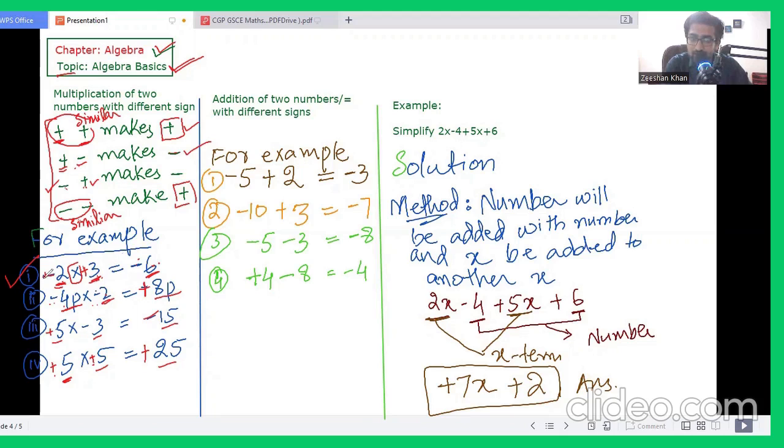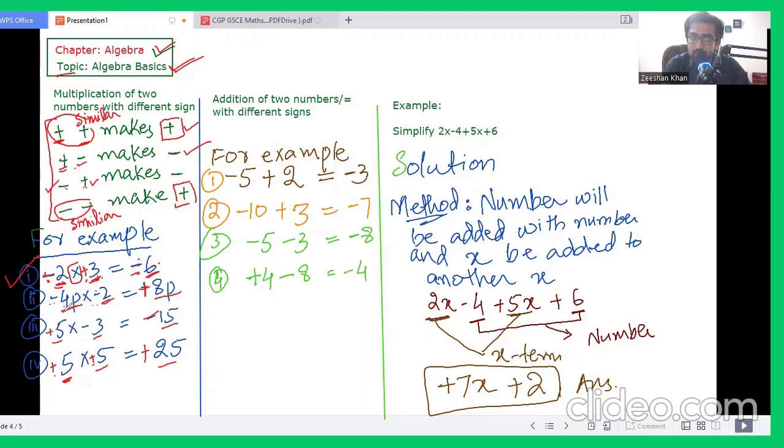You can see this is negative and this is plus. Negative is with the first number, plus is with the second. I told you before that when the signs are different, one negative and one positive, you will get a negative answer. So you will write negative.